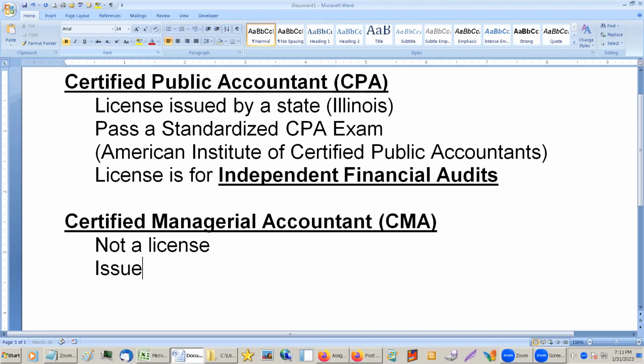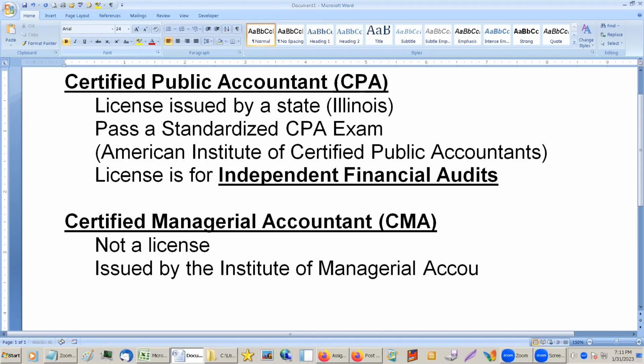It's issued by the Institute of Managerial Accountants, IMA.